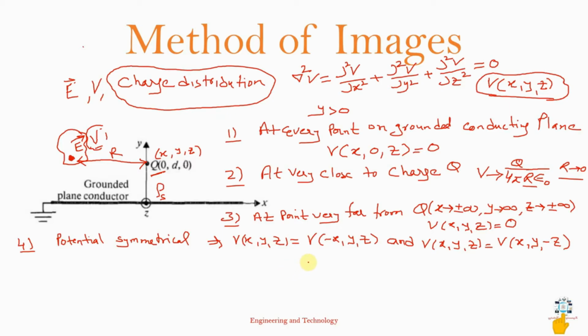Okay. Now, if these conditions should be satisfied, we need to find out. Let us say, due to this charge plus q, we have a charge density rho s on this conducting plane. Now, electric potential here at a distance r from this charge, the distance from here to here is, let us say, R1.